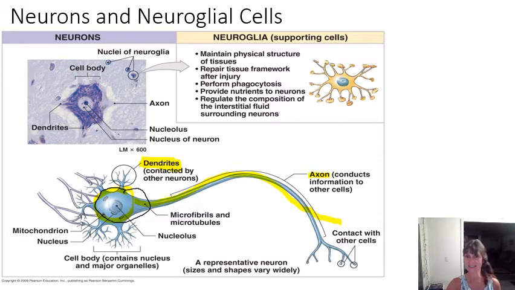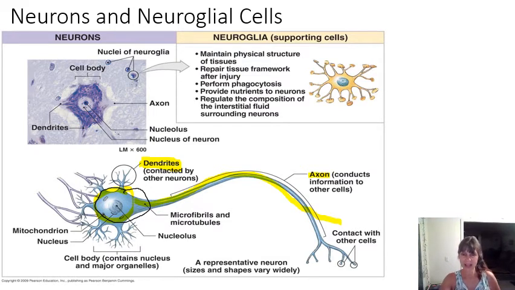The axon conducts information away from the soma to other cells. We always used to say axons away. If you think of a neuron, you can think of a hand with the bulk of your hand being the soma or the cell body, your fingers being the dendrites, and if you're catching information, you use that whole hand, and then the axon takes information away.